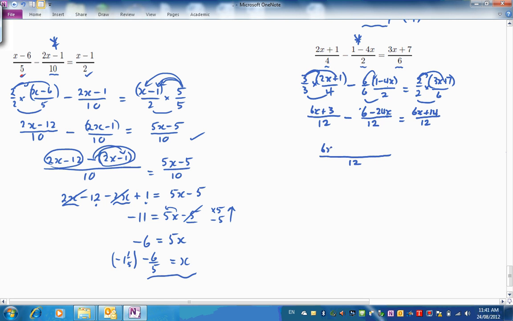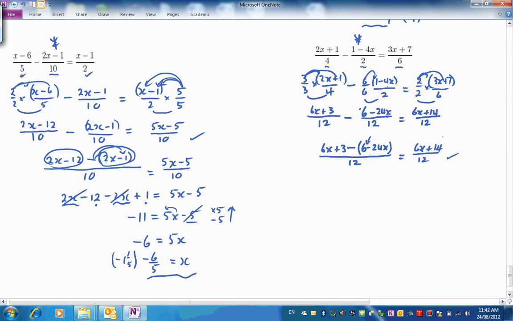We've got 6x plus 3 12ths. Remember, x is just another number, so 6x plus 3 is just another number. And then we want to take away all this number here, which is 6 take 24x. Because it's got a negative in here, we better be careful to put in a bracket. And that's got to come to 6x plus 14 on 12.